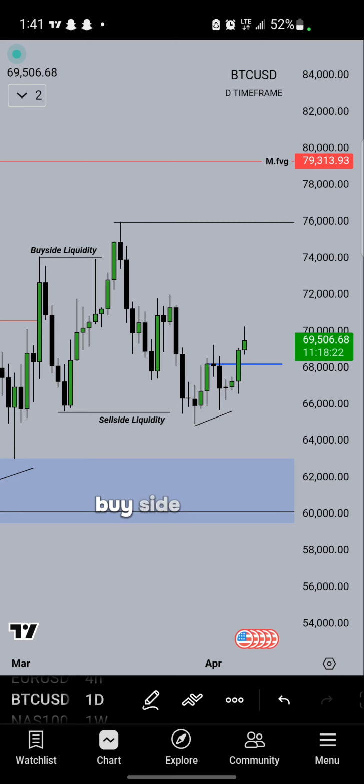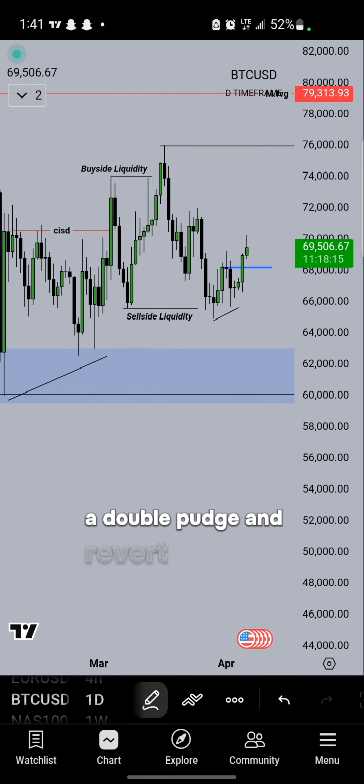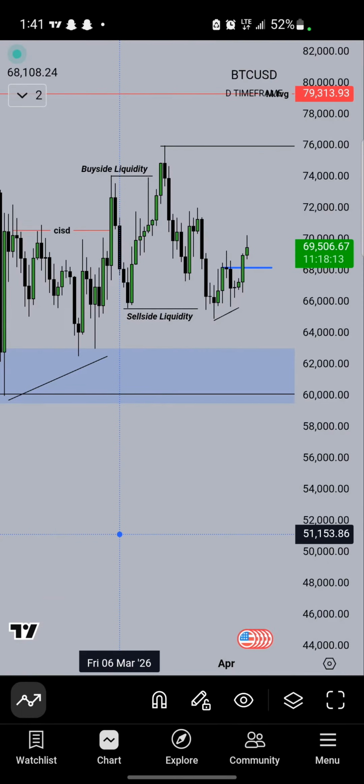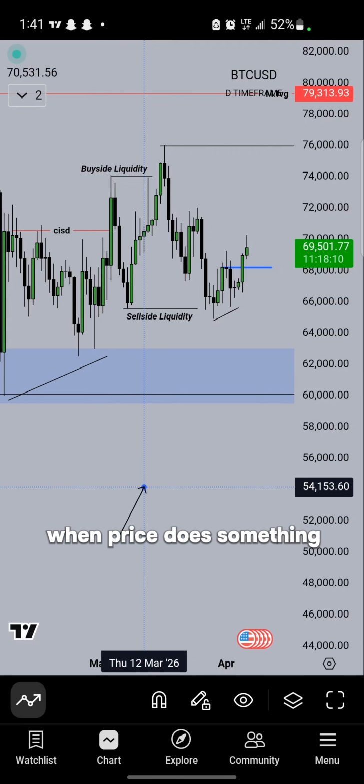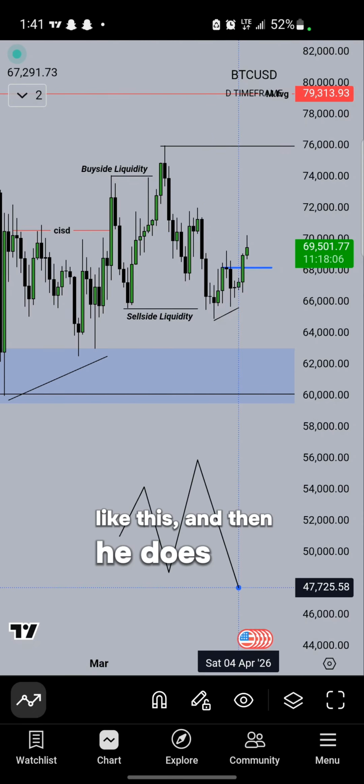Buy side, sell side. This is called a double purge and revert. A double purge and revert is when price does something like this, and then it does this.